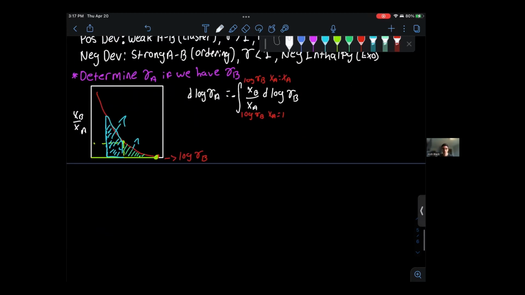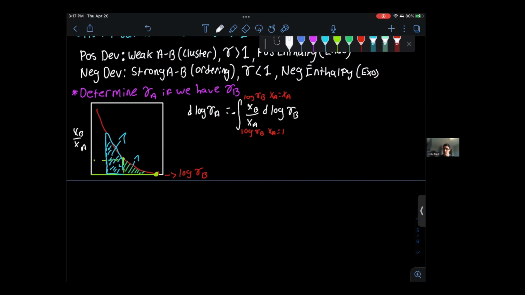All right. One last thing about arbitrary non-ideal solutions. Their Gibbs free energy consists of two different terms: a Gibbs free energy excess term and a Gibbs free energy ideal term. The Gibbs free energy ideal term is always going to be the same. Let's talk about our partial molar Gibbs free energy. It has our excess Gibbs and our ideal Gibbs.